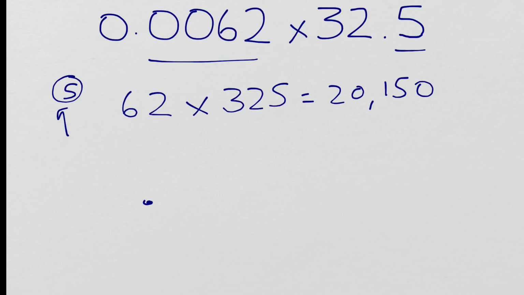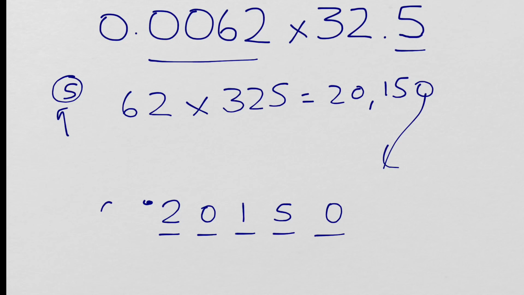So I'll draw my decimal point, count to 5 numbers afterwards, and then work backwards. That 0 goes in at the end, and then the 5, the 1, the 0, the 2, and then before the decimal place I'll put a 0 as well. And that means my answer equals 0.2015. This 0 here is insignificant, so we don't need to write it down.